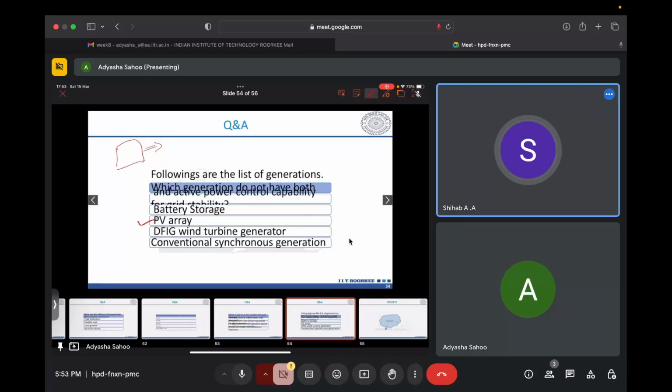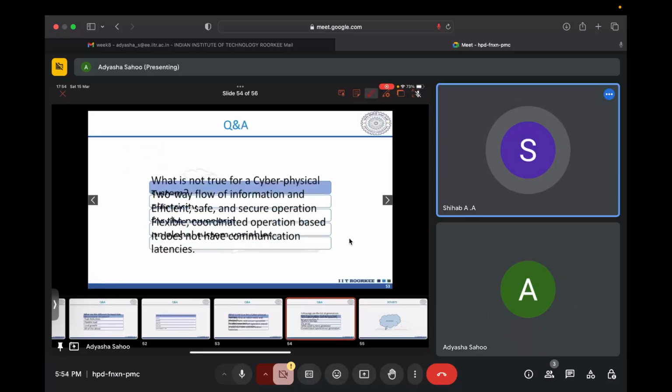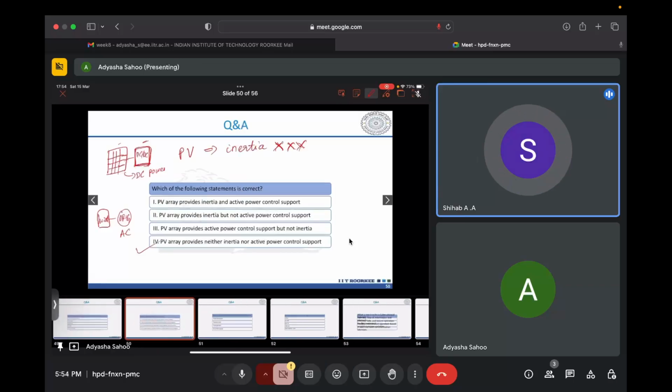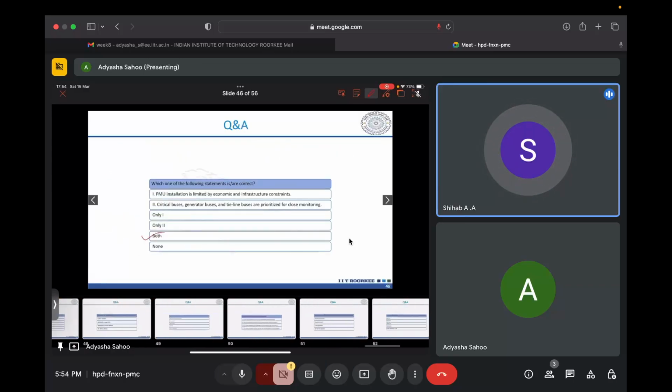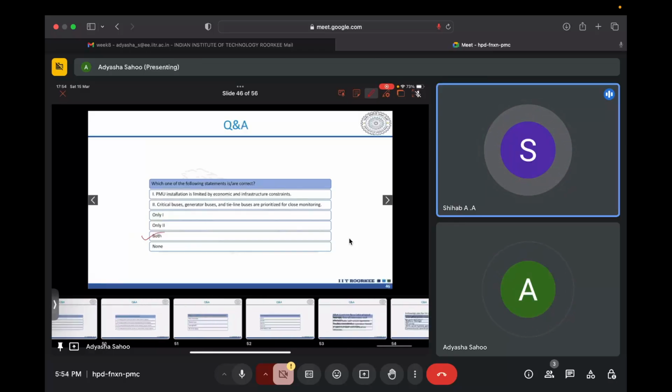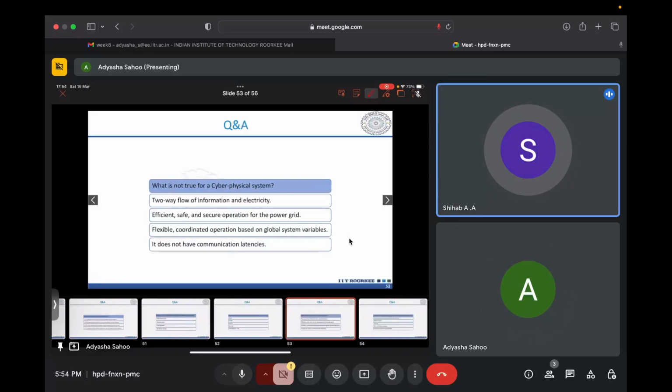Okay, in that sense, we have to think that way. Then, as we already discussed in the previous case, we can correct the sentence like this: PV array provides neither inertia nor active power control support, based on our discussion now.